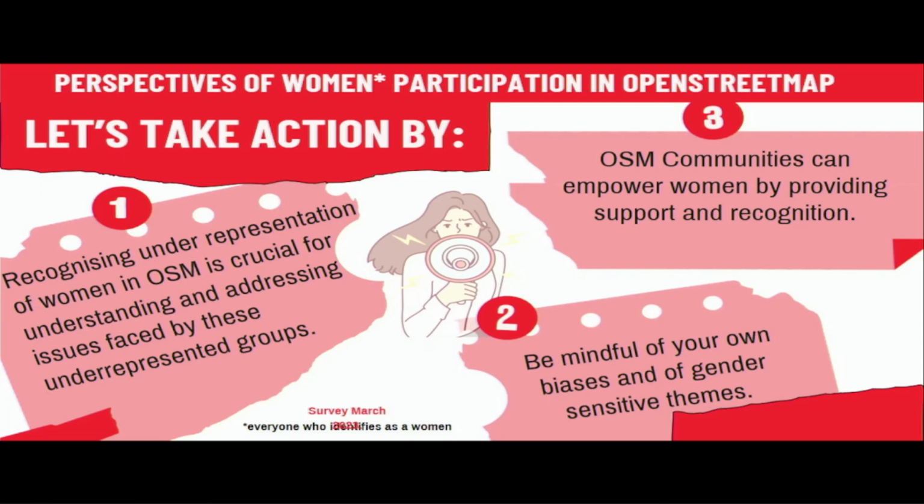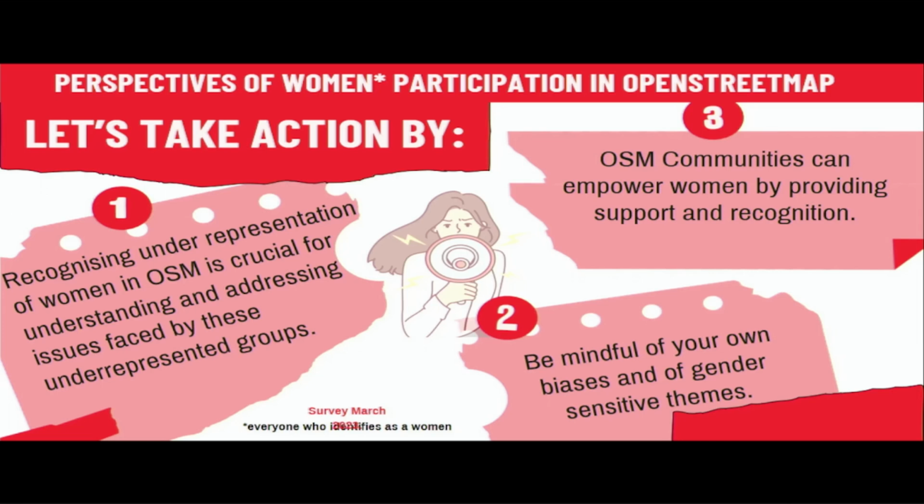And OSM communities across the world can also empower women by providing support and recognition. Yes, you might say, why should we always recognize women? You know, we want to bring the women into the light. And when we say participation, it doesn't only mean that they are mapping or doing other events.